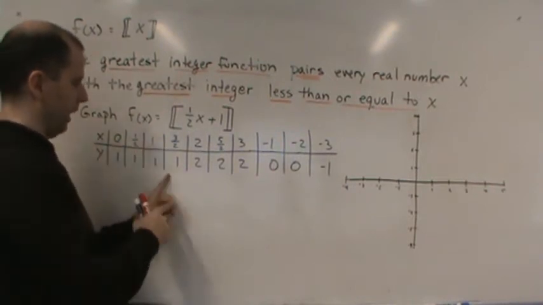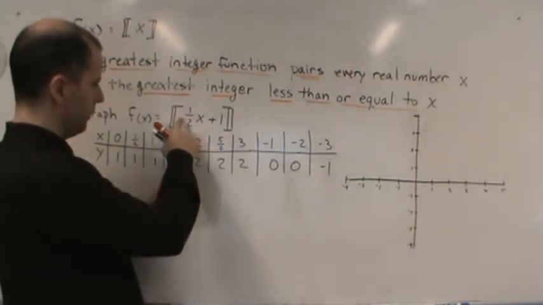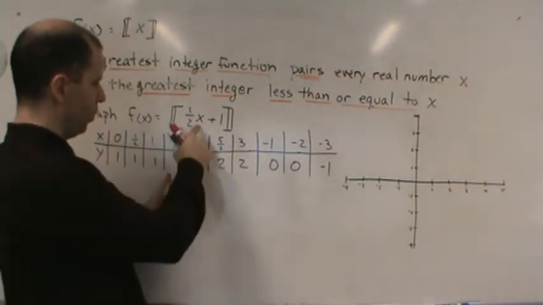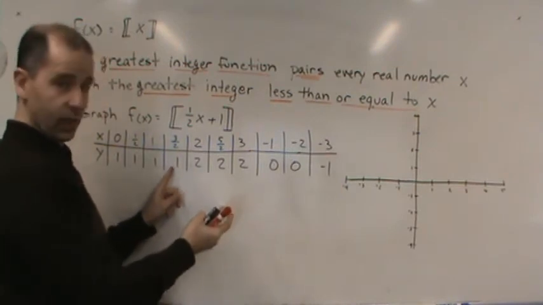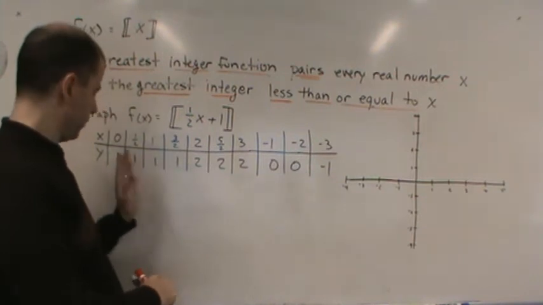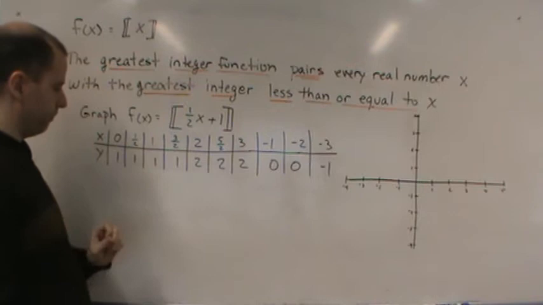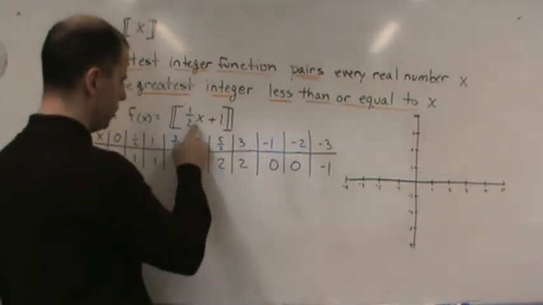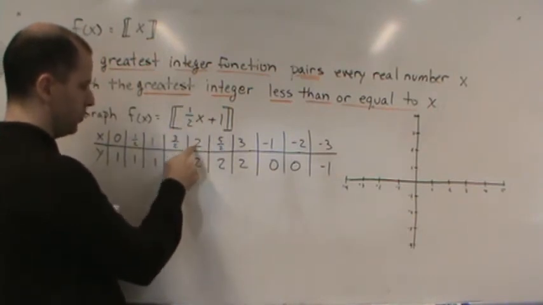Now let's go 3 and a half, right? 3 and a half times 1 half is what? 3/4. And so 1 plus 3/4 is 1 3/4, which again, the greatest integer of that brings it back down to 1. So all of these values of x get mapped to 1. Okay? Now let's go to 2. If you put 2 in here, 2 times a half is 1. 1 plus 1 is 2.